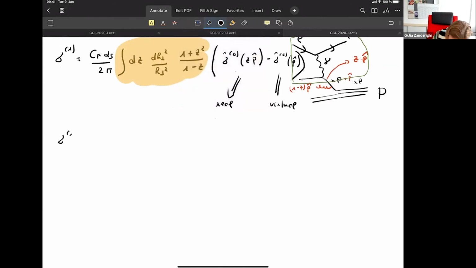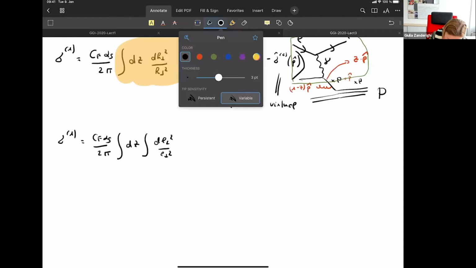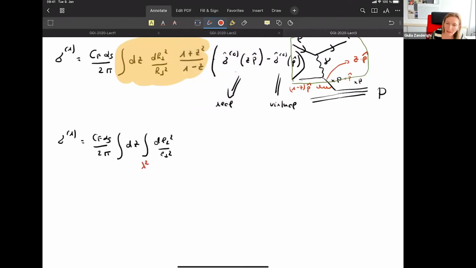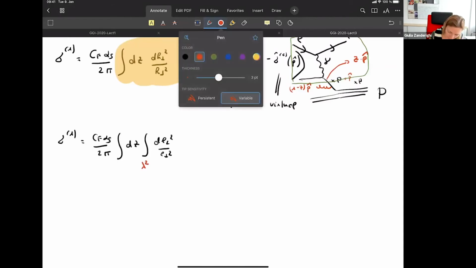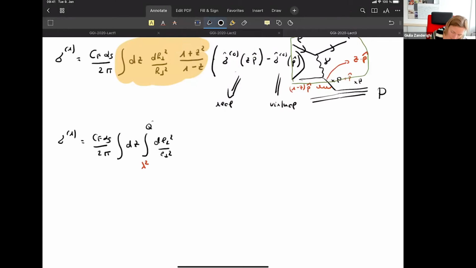So what you do is, okay, you have this C_F alpha_s over 2 pi, an integral in dz, an integral in dk_t squared over k_t squared, and now you put an explicit cutoff on this, lambda squared. And here you still integrate up to your high energy scale, let me call it Q squared.